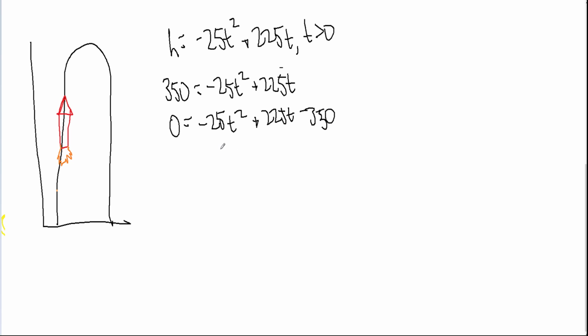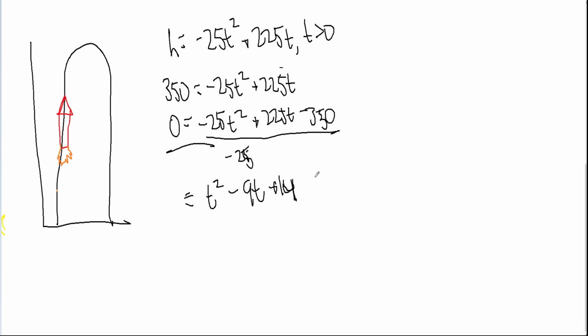And then we can divide everything by negative 25, since everything's divisible by that, just to make our equation simpler. So we have t squared minus 9t, and then positive 14.